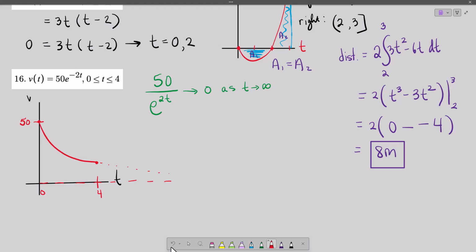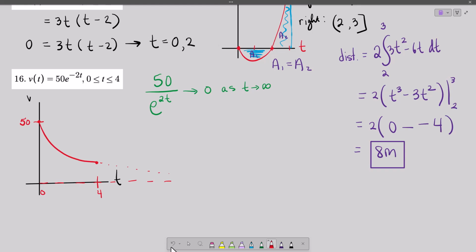Bottom line is we don't really care about exactly what this y value or v value is right there. The most important thing is that this function is above the t-axis on the entire interval 0 to 4. So displacement and distance are the same because it never has any negative velocity.